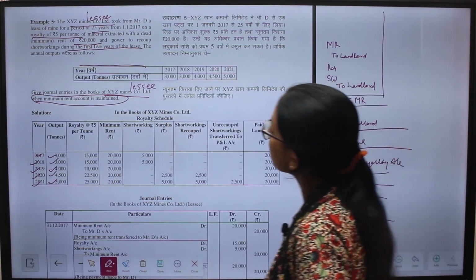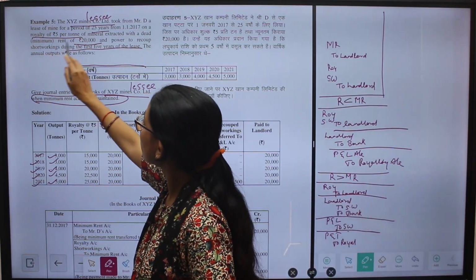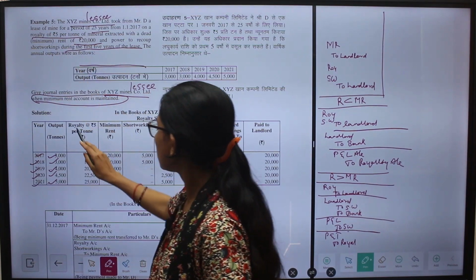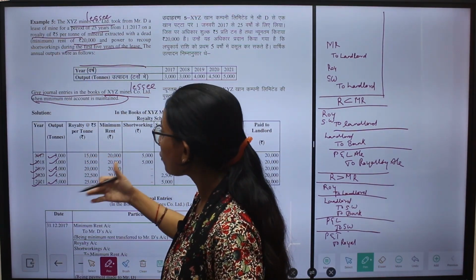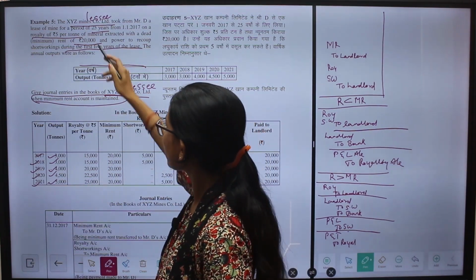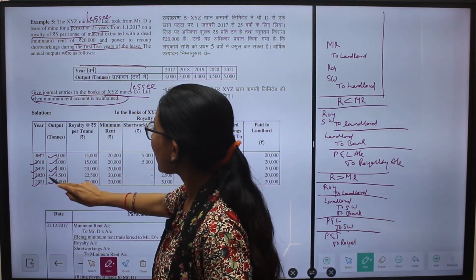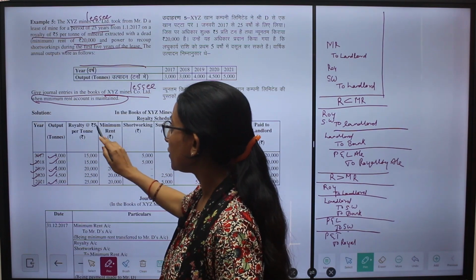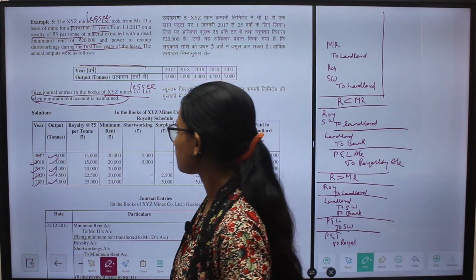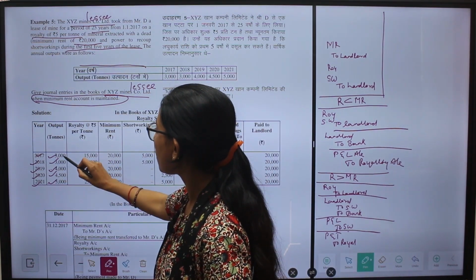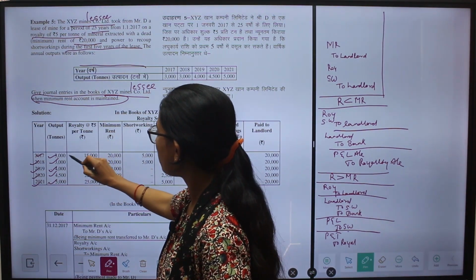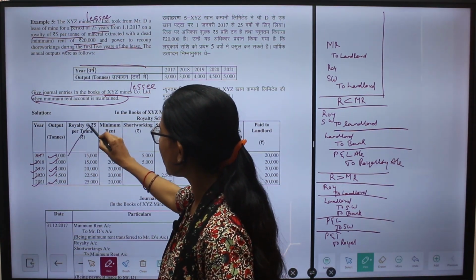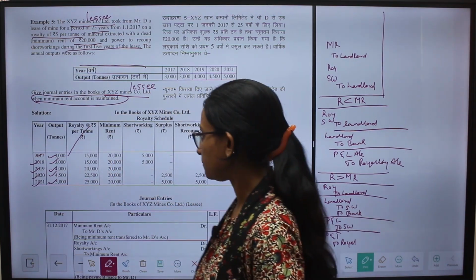Then in the question the royalty per ton is given, that is rupees 5 per ton. To get the amount of the royalty, because only the per ton rate is given, we have to multiply the output with the per ton royalty. So 3000 multiplied by 5, we get rupees 15,000.